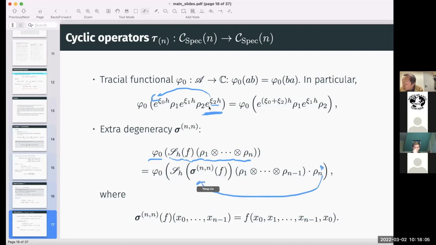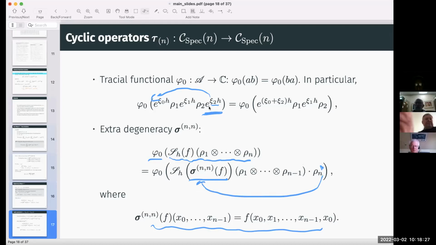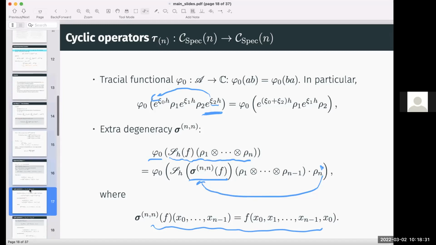As a result, I can reduce the number of arguments of f by 1, right? It's not hard to work out the explicit transformations here. It's some elementary computation, I think. So why do I call this an actual degeneracy? Probably I will explain this on the next page.